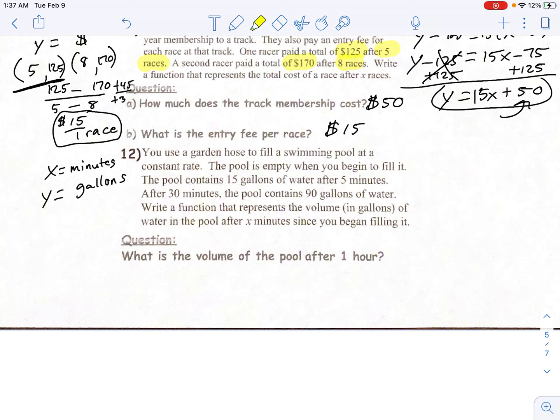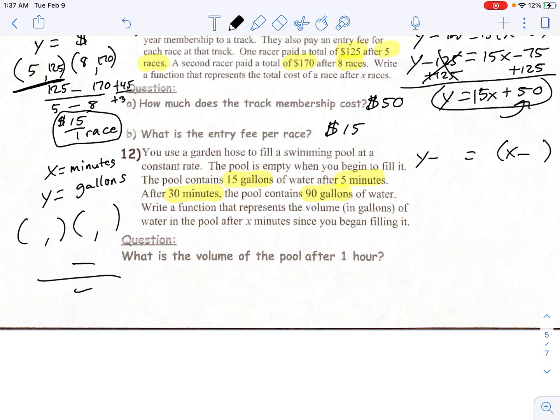All right. Now, looking at this right here, again, you've got 15 gallons, 5 minutes, 90 gallons, 30 minutes. Again, 4 numbers associated in pairs. So once again, you're going to need two parentheses, slope formula, and point slope formula. All right?